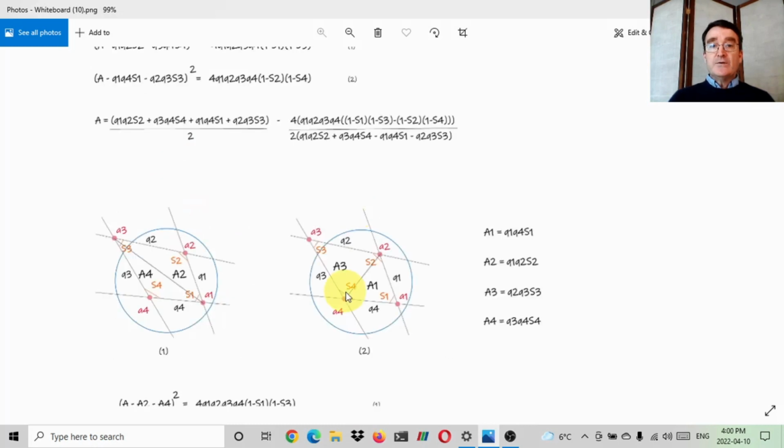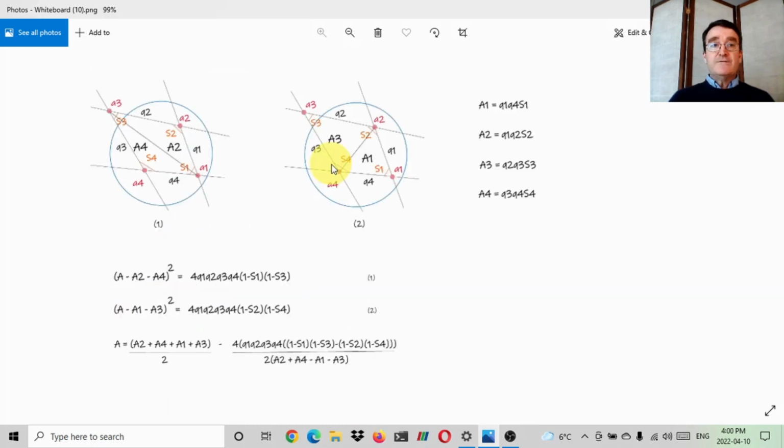Okay, so first we'll look at this alternate form of the projective quadrangle, given these two quadratic equations. We substitute the quadrias of the triangles: A1, A2, A3, A4, in the above two equations, and we end up with these two equations.